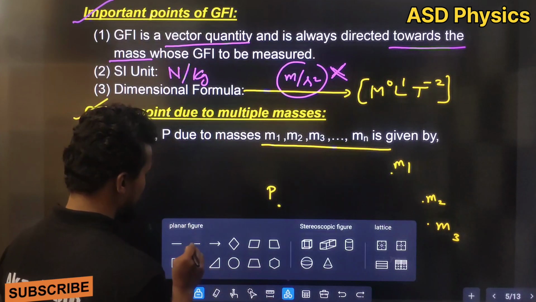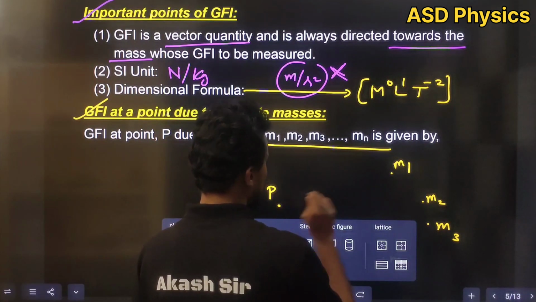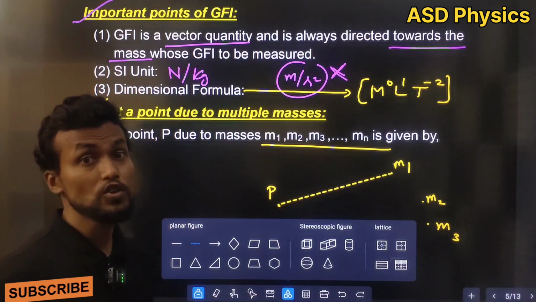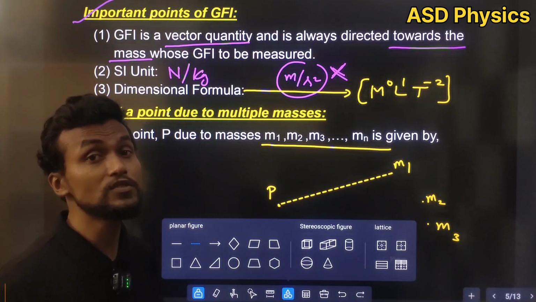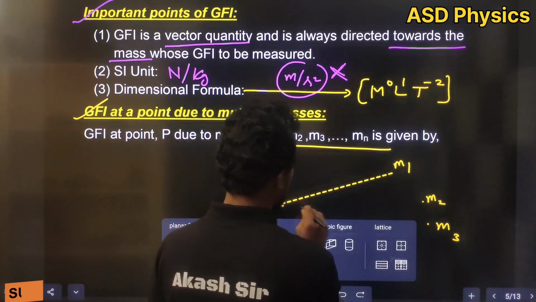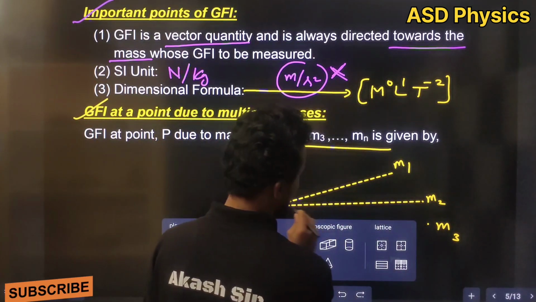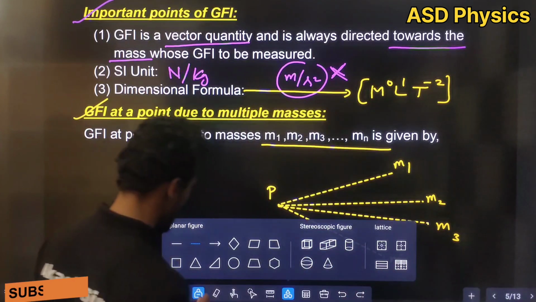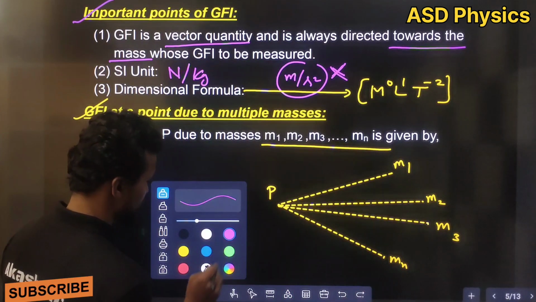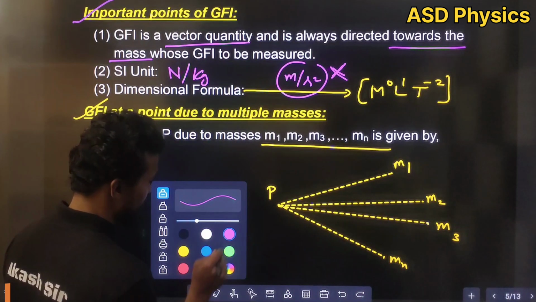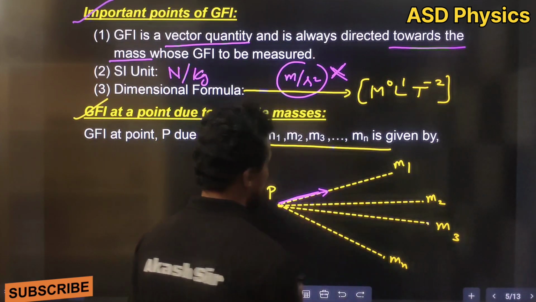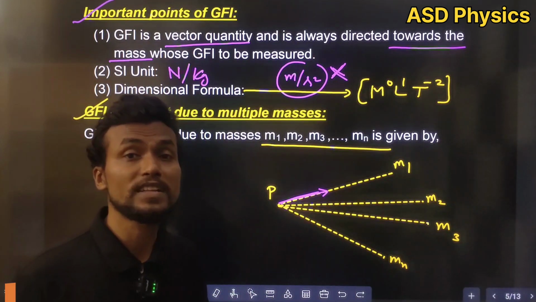Okay students, so what will happen here? From each mass to the point P, we will draw a line like this, because the GFI and force are of which type? Central. That's why we have to draw all these lines. After that, we will draw the direction of the forces. What I told you, GFI is along the direction of the force.